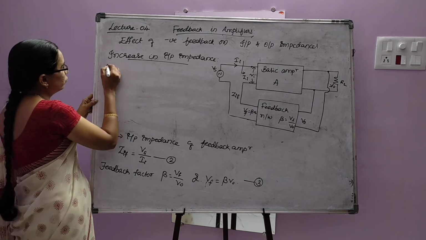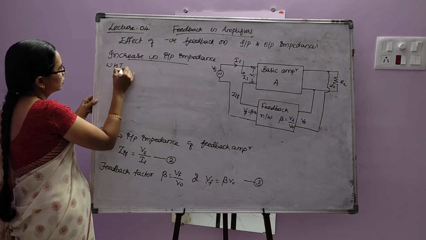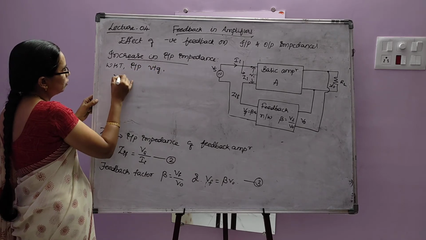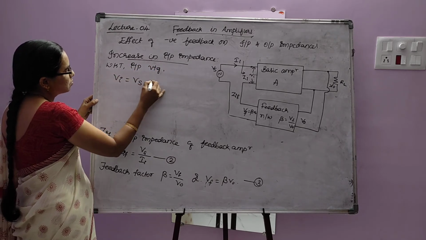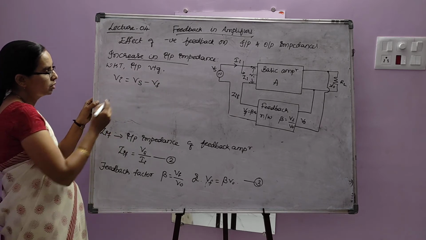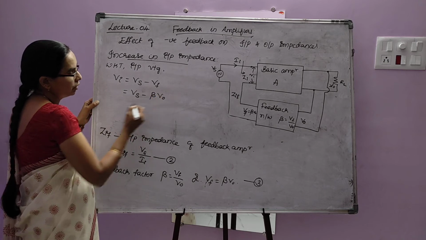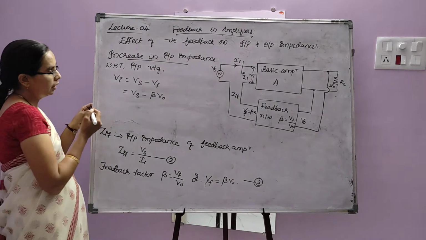Now we know that input voltage Vi is equal to Vs minus Vf. So Vs minus beta V0, right?